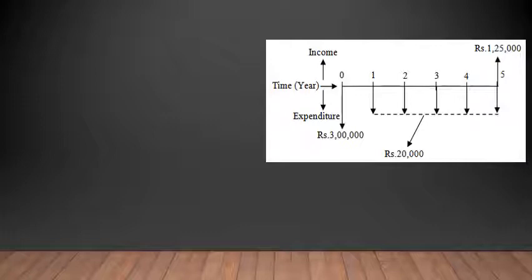So the cash flow diagram will remain the same. The initial purchase cost will come at t is equal to 0, that is rupees 3 lakh will be indicated at t is equal to 0. Annual maintenance cost, that is A, will be indicated for 5 years, year end payments, and the salvage value will be indicated at the end of year 5 because that is the resale value and it gives us money, so it is a positive flow.